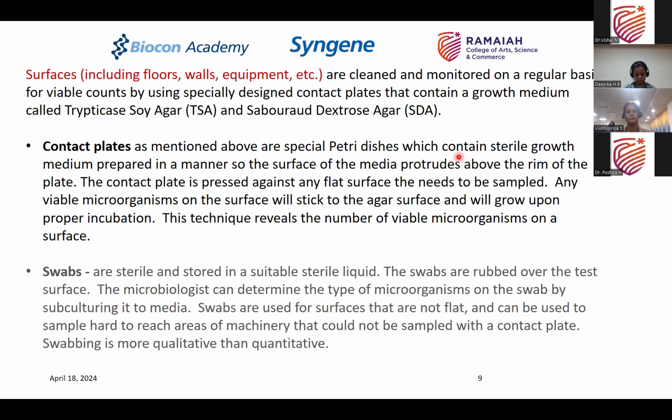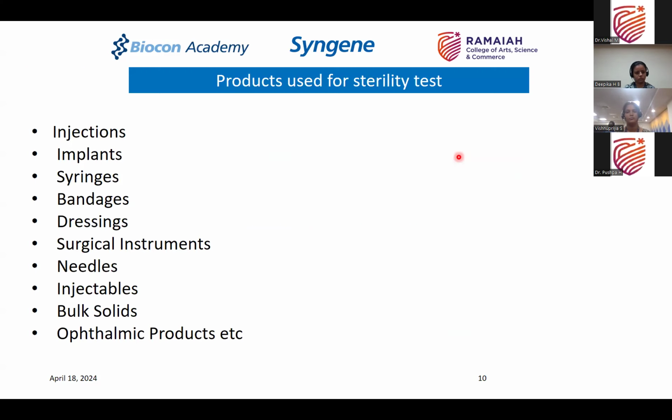Next. Next thing is our aim. Now, the working area, we have monitored whether it is sterile or not. Next thing is, which products can be analyzed for sterility testing.